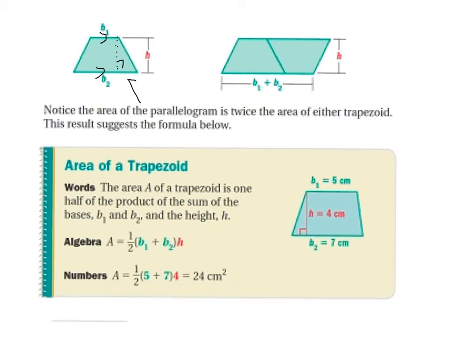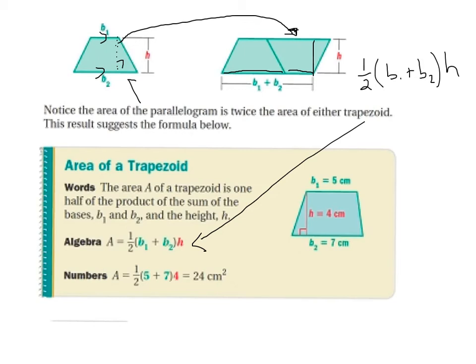If you take a trapezoid and turn it over on its side and line it up next to a duplicate trapezoid, you can see that what you've done in effect is take base 2 and add base 1, and you still have the height. And this is a parallelogram with base 1 and base 2. If you take those bases combined and multiply by the height, that should be the area. But that's the area of 2 of these trapezoids. We're looking for half of that area, and that's what's shown down here.